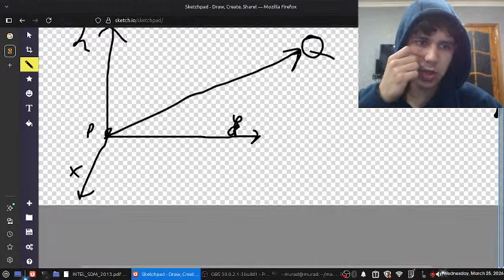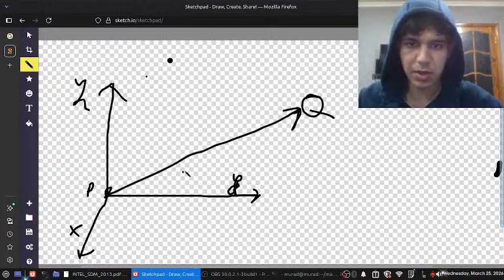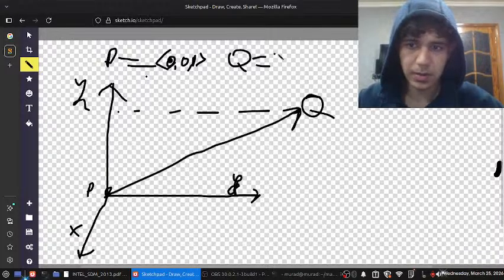If you want to calculate this vector's length, you just simply get their coordinates here. Let's say P's coordinates are equal to 0, 0, 1, and Q is equal to, let's say, 5.